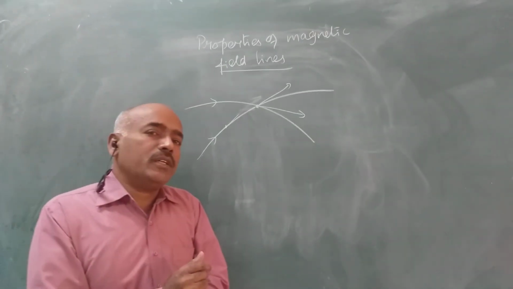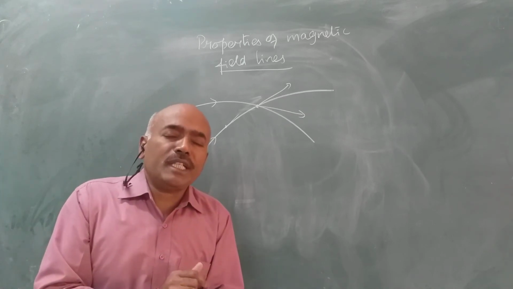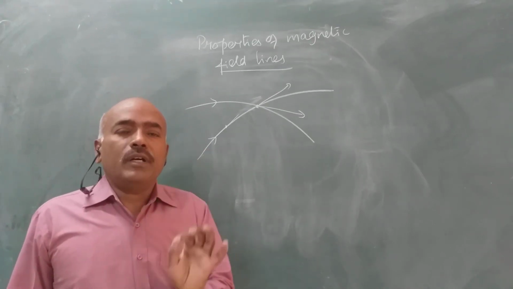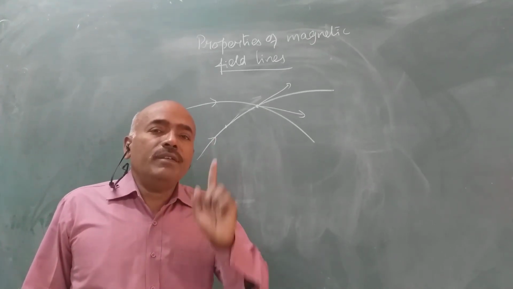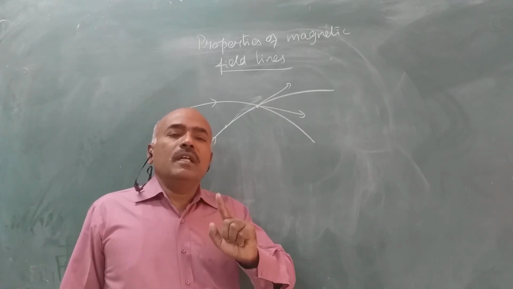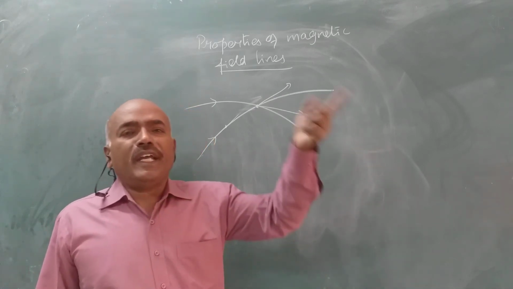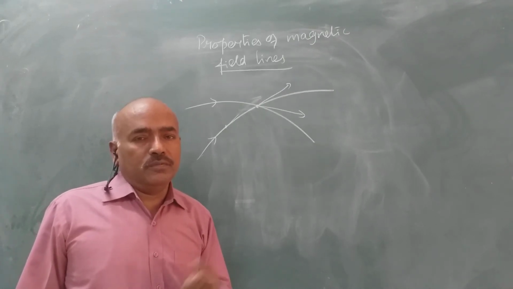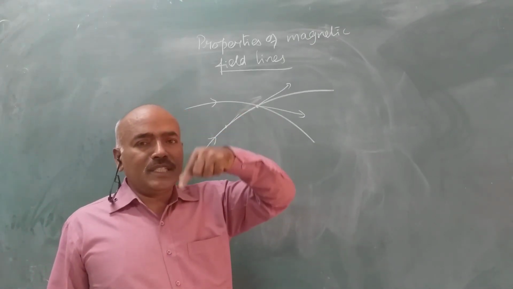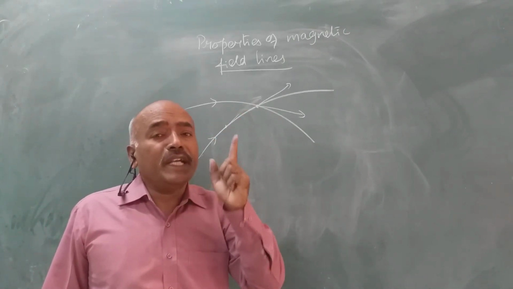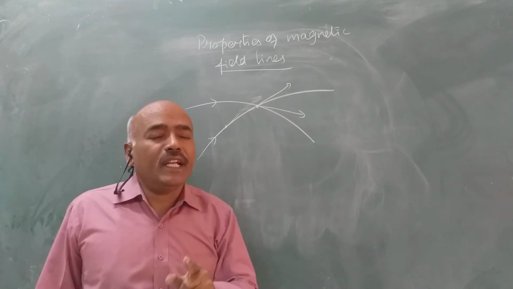Now from the figure of the magnetic field pattern of a bar magnet, we observe that the magnetic field lines leave the north pole and enter into the south pole. They do not end at the south pole.